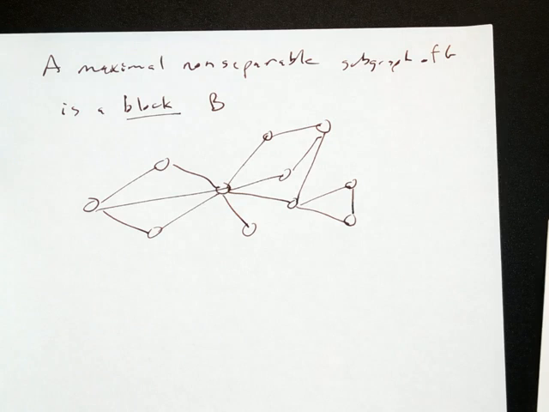How many cut vertices does this graph contain? Please note, this graph has one bridge. So there's at least one. What are they?